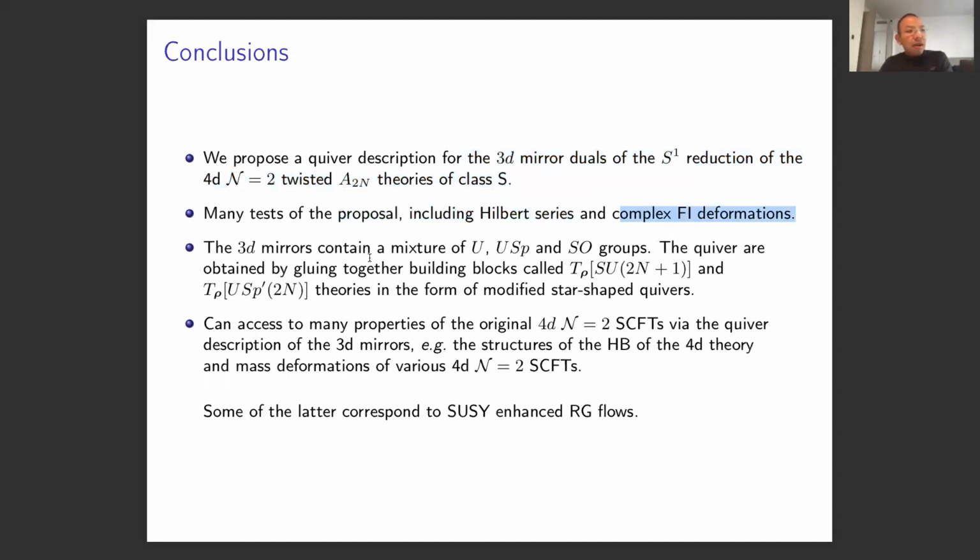The 3D mirror is a mixture of unitary, symplectic, and special orthogonal groups. The quivers are just gluings of these theories in the form of a modified star-shaped quiver. It's not quite a star shape because you have extra flavor attached to it. You can study many properties of the original 4D SCFT via the quiver of the 3D mirror, and study various mass deformations. Some of the latter have a SUSY enhanced RG flow.